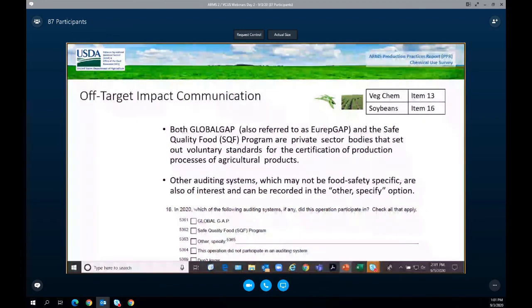So if they're certified GlobalGAP, and EPA can say, wow, 82% of squash growers in the South are GlobalGAP certified, that gives them confidence to say, okay, that means 82% of squash growers are doing practice XYZ because they need to do those things to qualify for the certification. So it's a really good proxy measure for a lot of the same measures that we're asking about separately elsewhere in the survey.